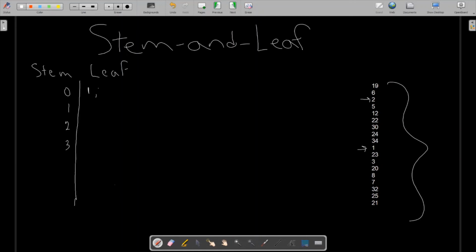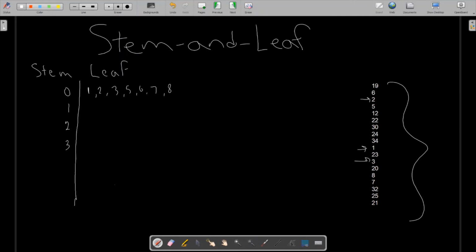That is the next smallest value, so we'll separate it by a comma so we know it's a separate data point from the 1, and keep going. Here we also have a 3 as well as a 5, 6, 7, and 8. So we'll draw all of those in. Sometimes you'll see stem and leaf plots drawn without the comma. It's a matter of preference.